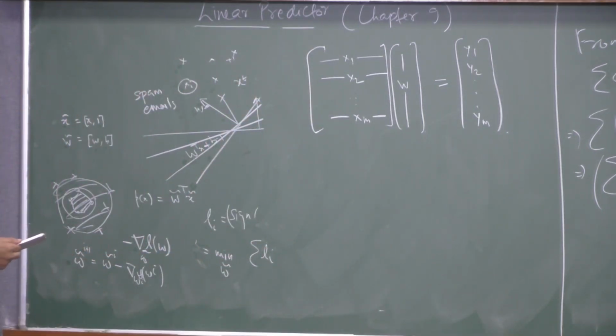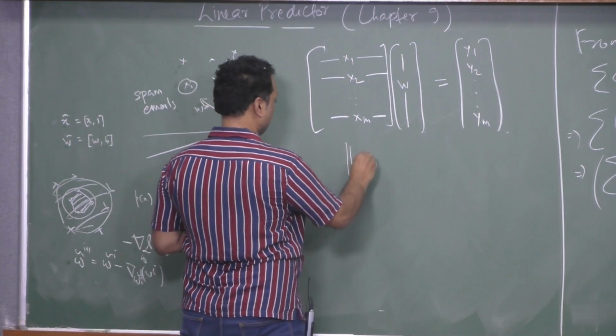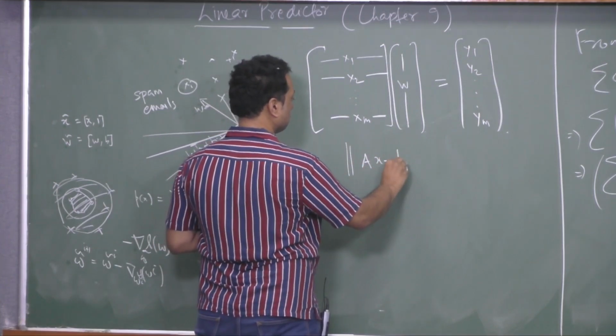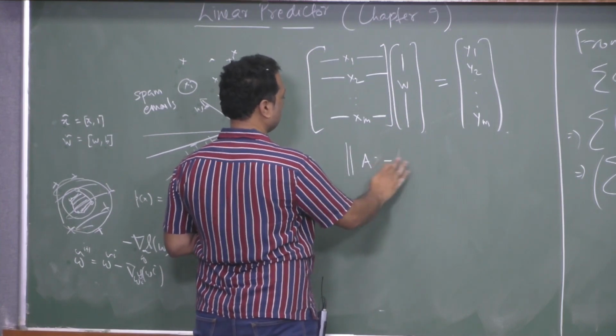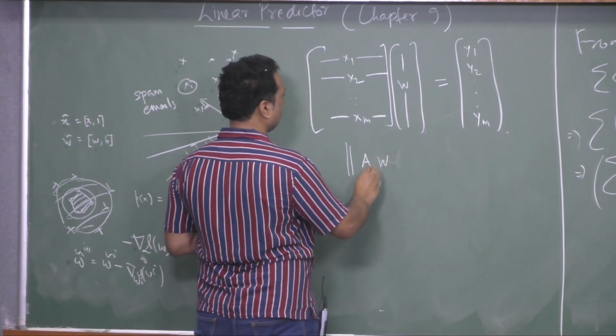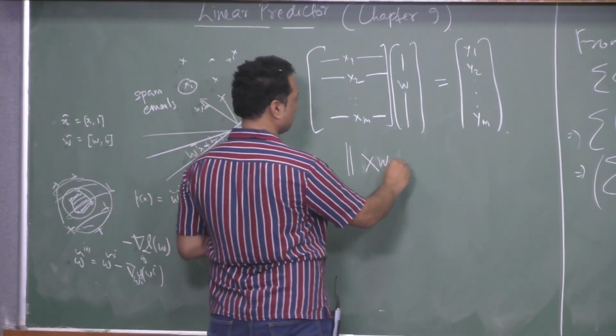We have built a loss function based on this. Basically what we have done is the norm of 1 by m times Aw minus y. Since this is x, let me use w because then we will relate to this.